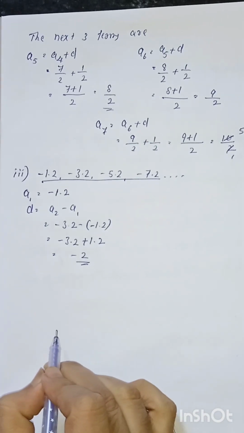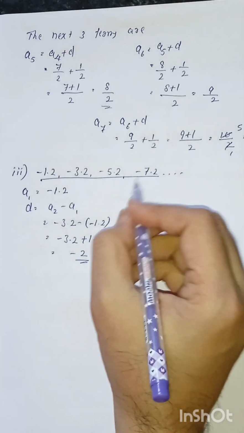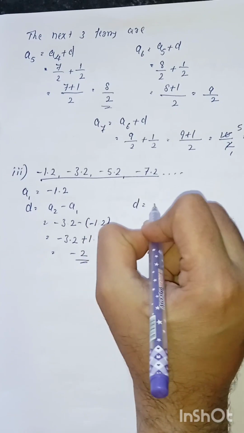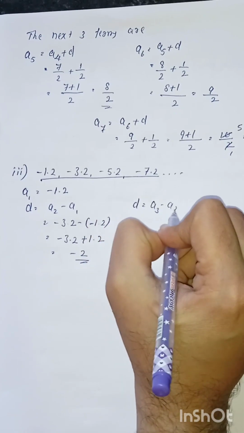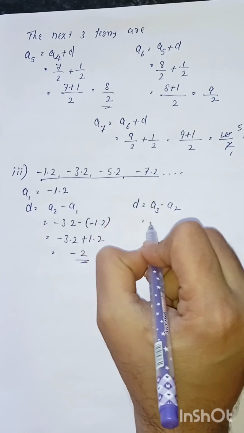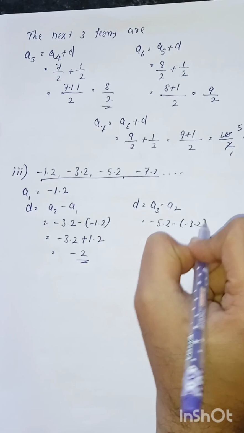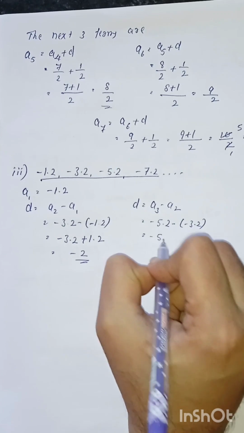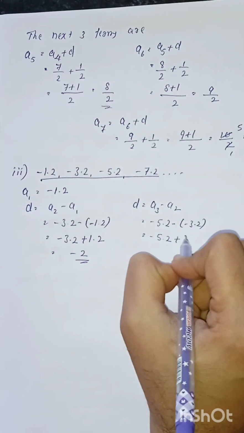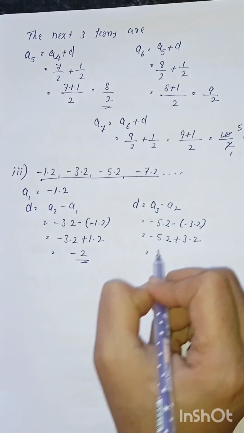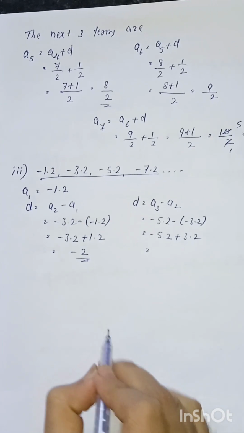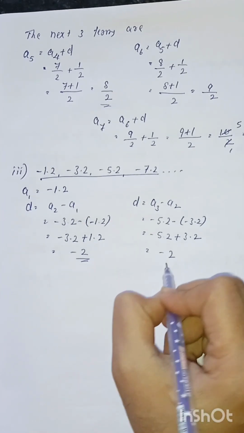So let's find out the common difference for the next. A3 minus A2. What is A3? Minus 5 by 2 minus of minus 3 by 2. Again minus 5 by 2, minus into minus plus 3 by 2. Here also you will get minus 2 by 2 as the common difference.